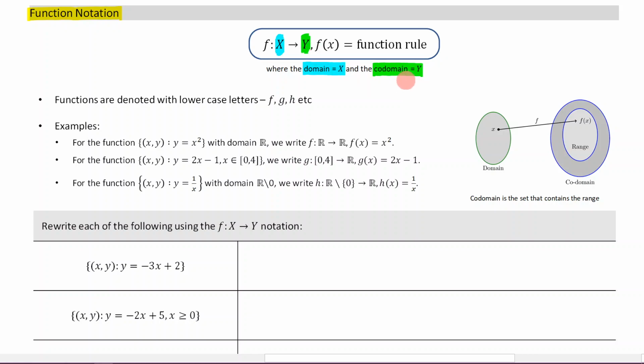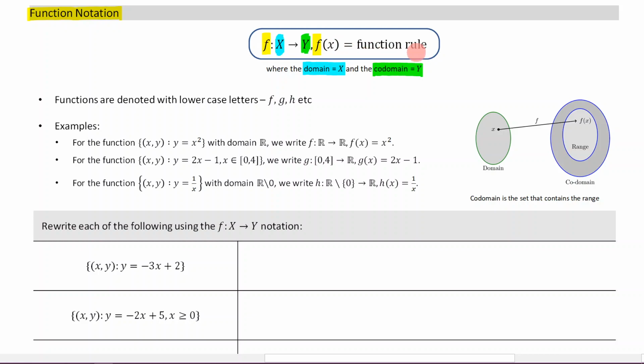Now the codomain is, we'll get to that later, what exactly it is, but I don't want you to stress too much about it. And then what we have afterwards is that same letter that we started with. So if it was f, then we write f again. Then with brackets, f(x) is equal to whatever the function rule is.